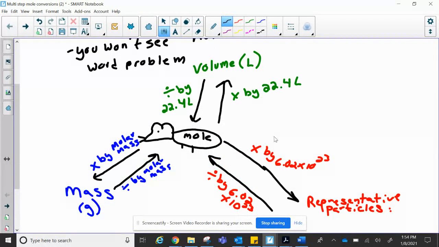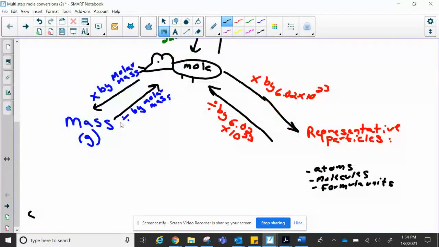Now, looking at this flow chart, we can go from volume to representative particles. We just have to go through the mole. We can go from mass to representative particles by going through the mole. So basically what that's telling you is you're going to have to convert to moles first, and then from moles to the other thing. Okay, so again, you won't see the word mole in the word problem.